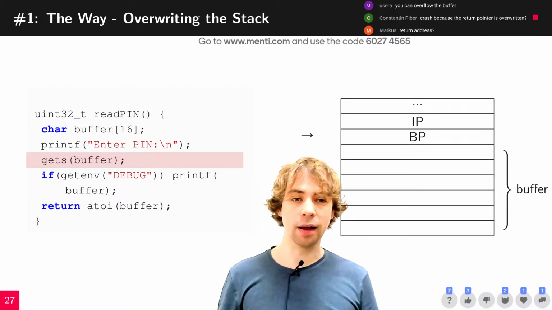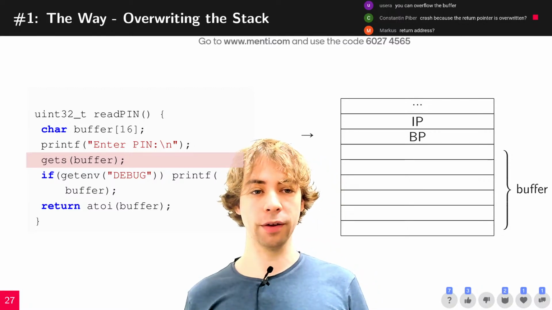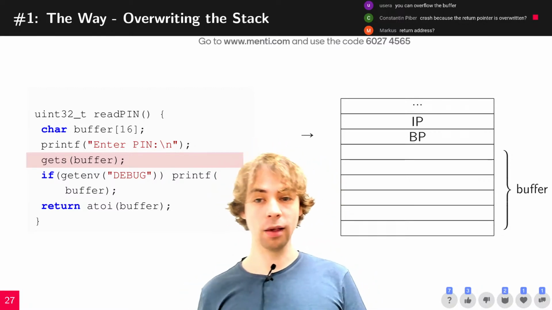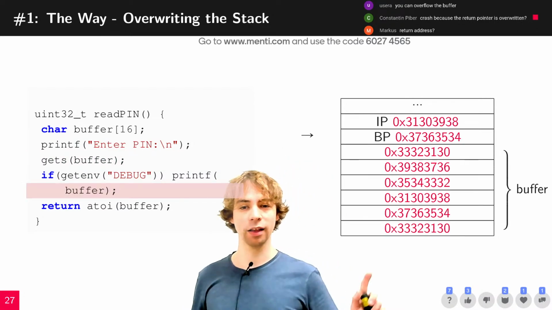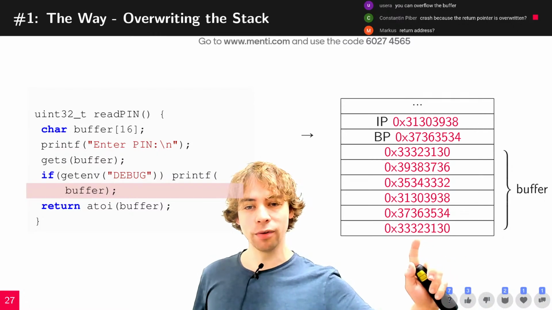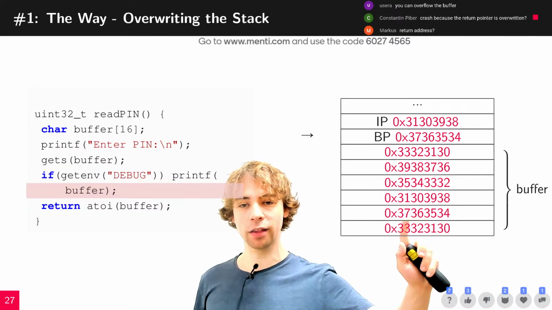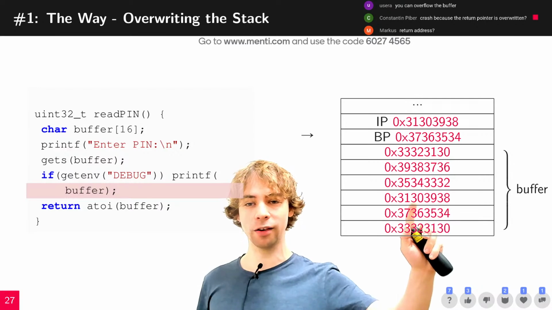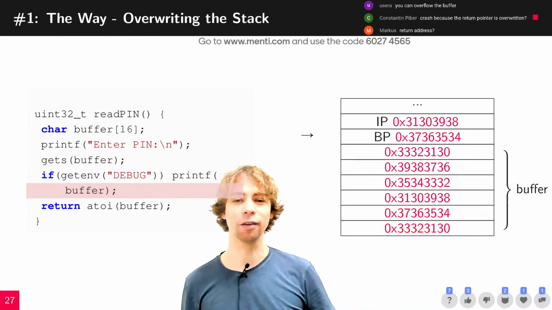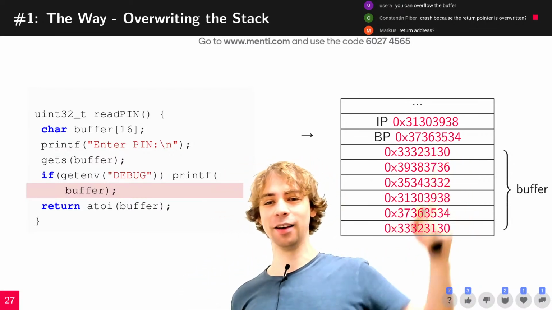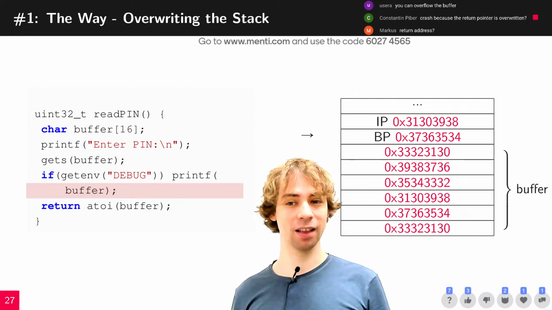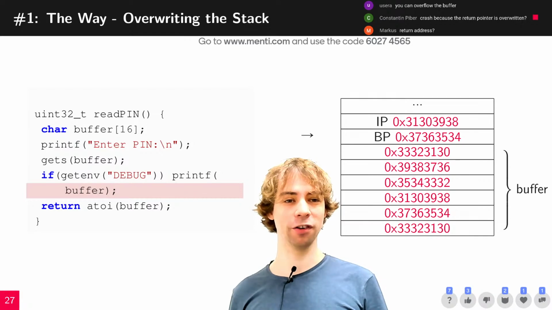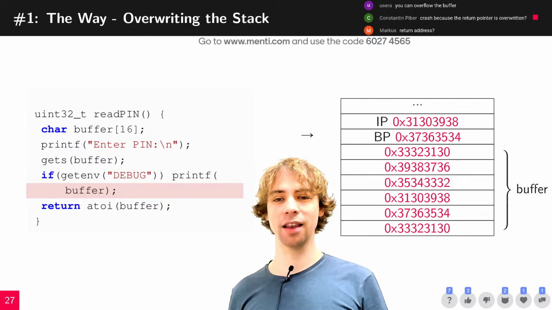And we entered numbers like 0, 1, 2, 3, 4, 5, and so on. So let's see what happens. Oh, this is interesting. 0, 1, 2, 3, 4, 5, 6, 7, 8, 9, 0, 1. Ah, interesting. So we overwrote all of this with our numbers now. That's of course a bit unfortunate. And then we print the buffer.